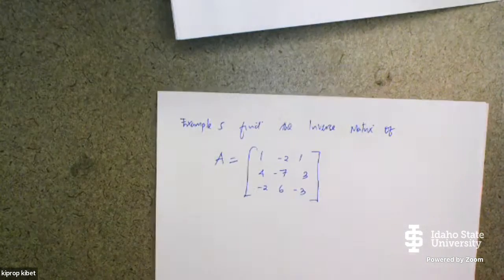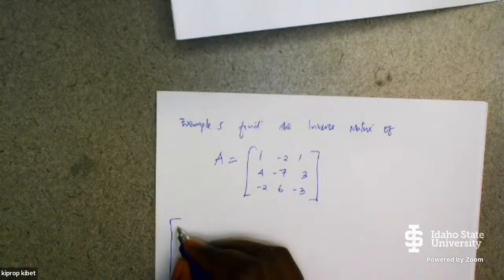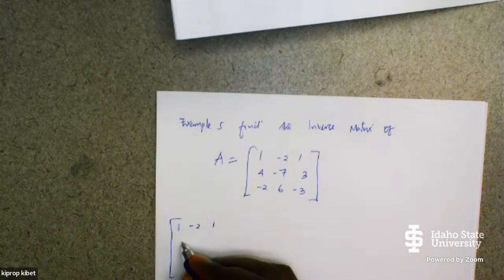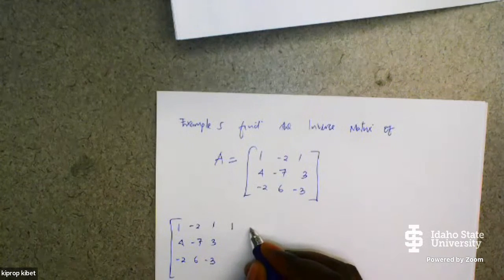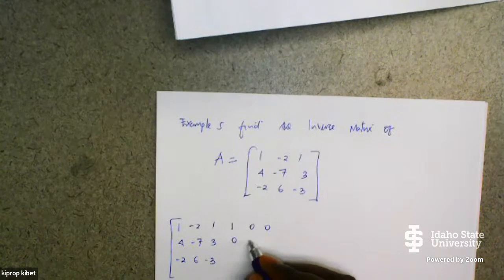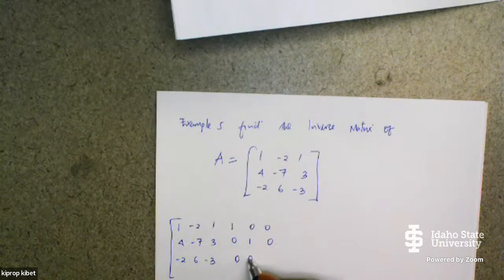You write 1, -2, 1, 4, -7, 3, -2, 6, -3, and then you add the identity matrix 1, 0, 0, 0, 1, 0, 0, 0, 1.